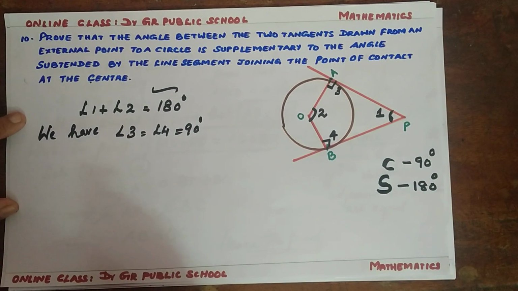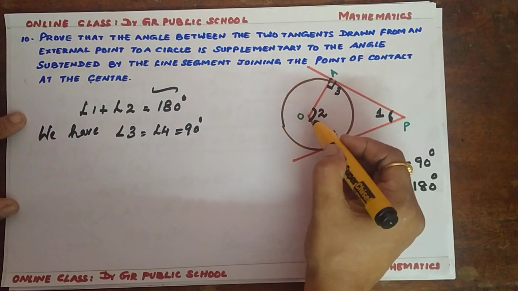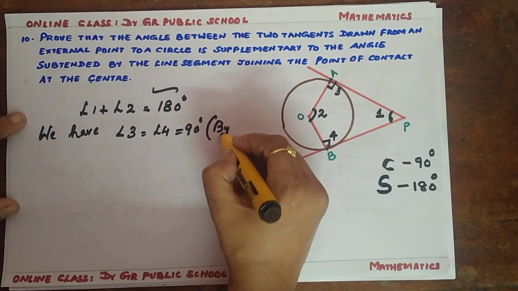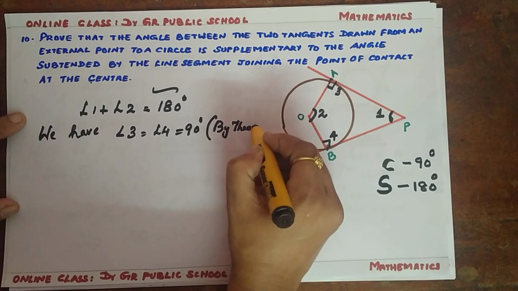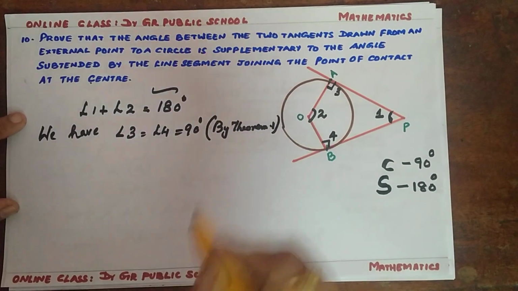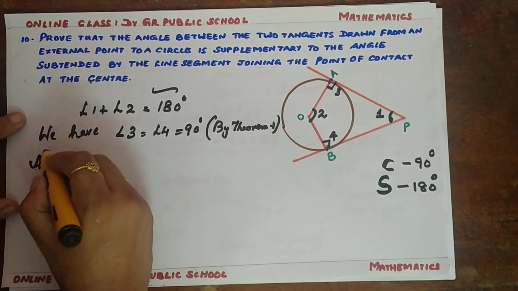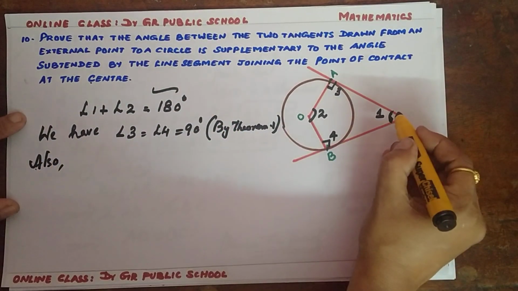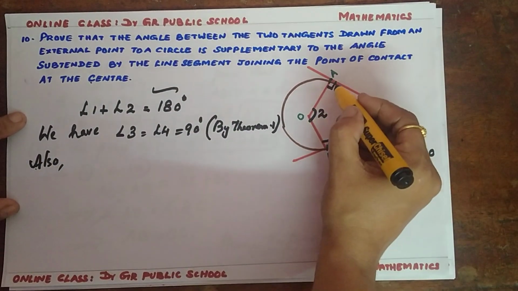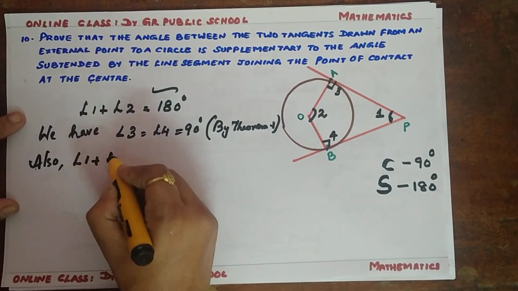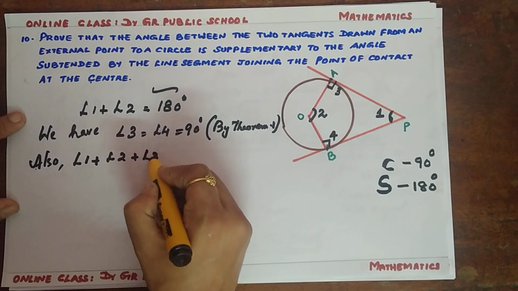Why are angle 3 and angle 4 both equal to 90 degrees? Angle between tangent and radius, or you can say by theorem 1, those two angles will be 90 degrees. Now also we have angle 1 plus angle 2 plus angle 3 plus angle 4.